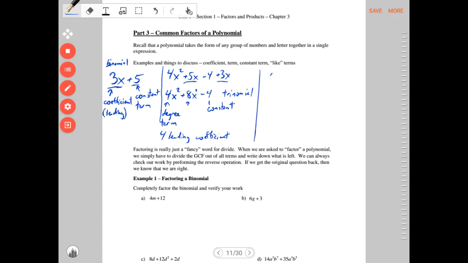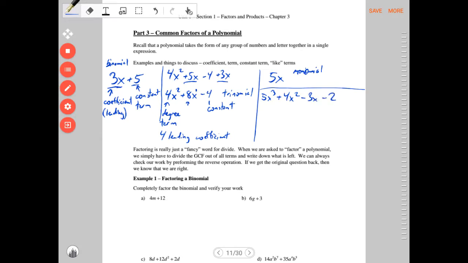If you just have something like 5x, this is called a monomial. There's no constant term. The 5 is a coefficient, and it's the leading coefficient. Now of course you can have stuff like 5x cubed plus 4x squared minus 3x minus 2.